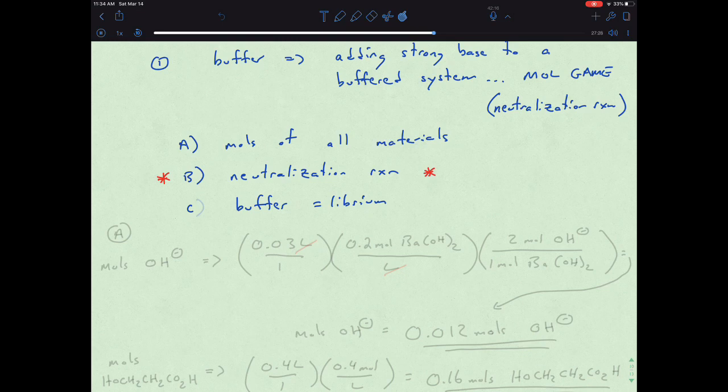So let's start with the mole game, right? That we can figure out moles of hydroxide. We started with 30 milliliters, or 0.03 liters. We have 0.2 molar barium hydroxide. So that's allowing for our volume to cancel out and get into terms of moles.